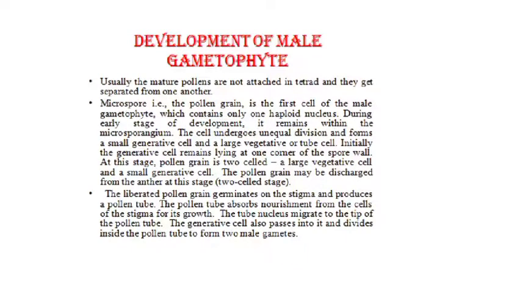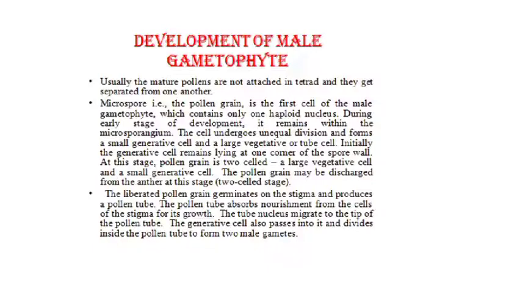See the characters of the developed male gametophyte. Usually, the mature pollen grains are not attached in a tetrad, and they get separated from one another. Microspore, that is pollen grain, is the first cell of the male gametophyte, which contains only one haploid nucleus. During the early stage of development, it remains within the microsporangium.